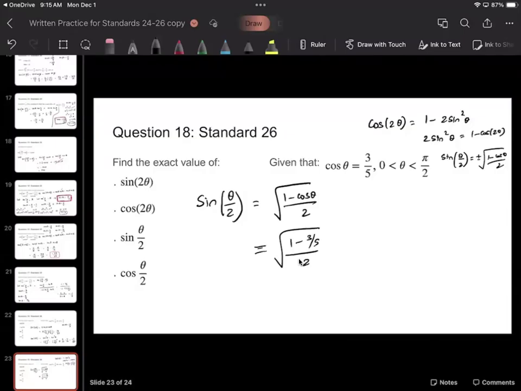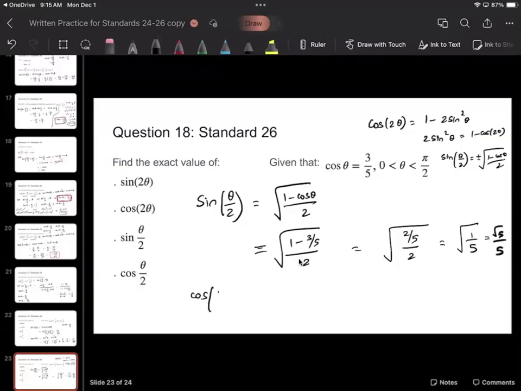What is 1 minus 3/5? It is 5 minus 3, 2/5. So this is 2/5 over 2, which is square root of 1 over 5. That is the value. You can just leave it like that, or you can rationalize the denominator and write it as root 5 over 5.